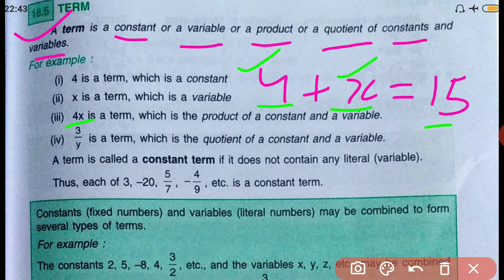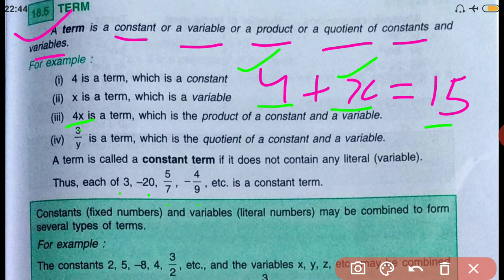Like here 3, 20, 517, minus 4 upon 9 don't have any alphabets along with them, so they are known as constant terms. Those which have variables with them are known as variable terms.